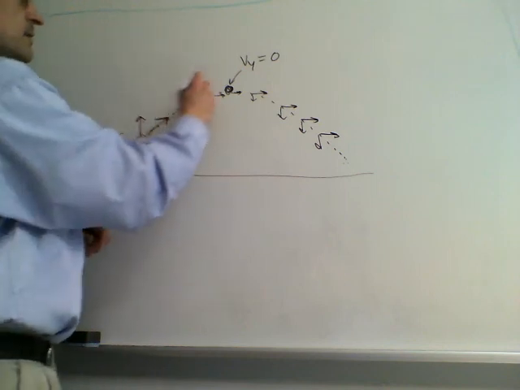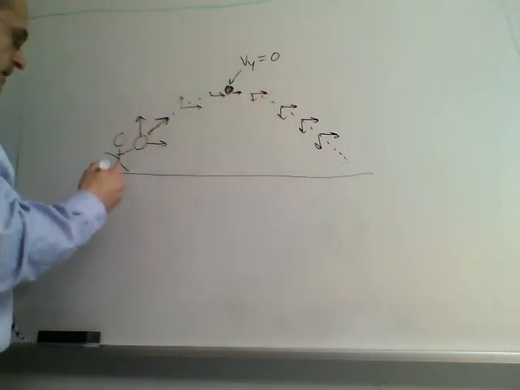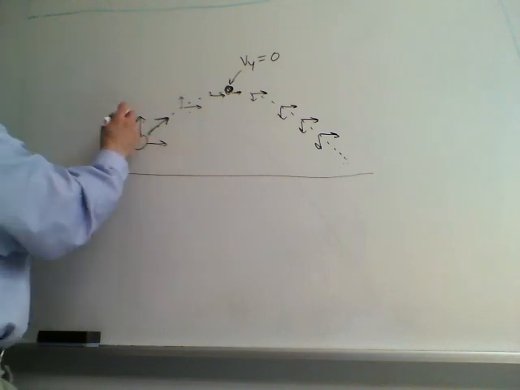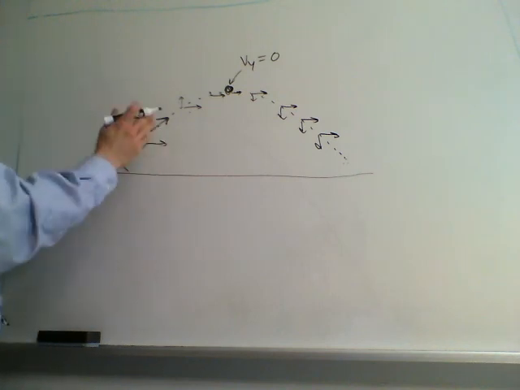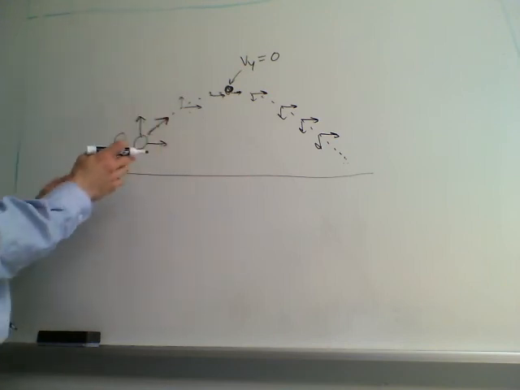And because of this, you get a parabolic shape. And as we said, the angle that you throw it at changes the shape of the parabola in the absence of air friction.